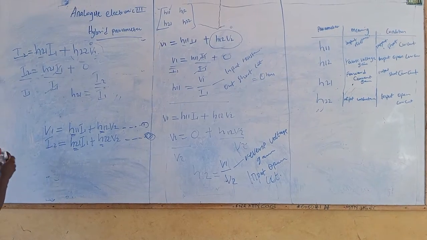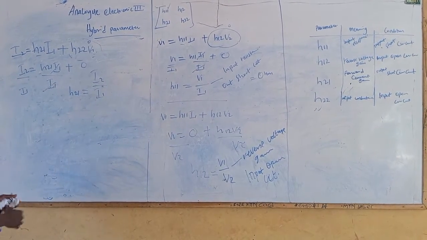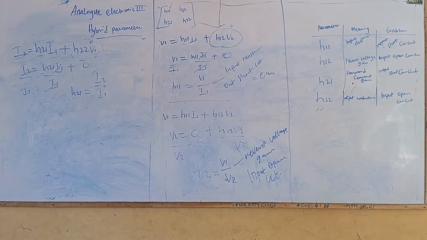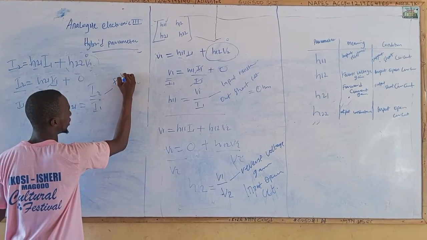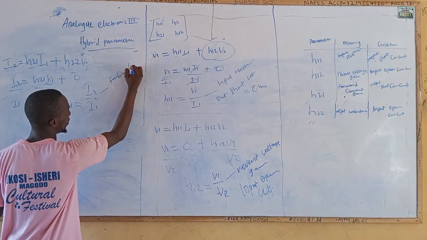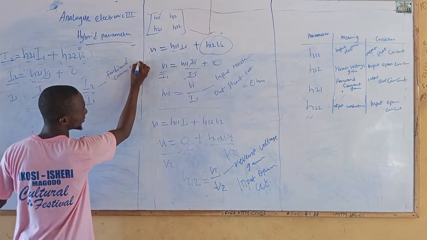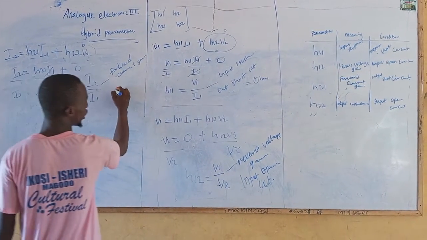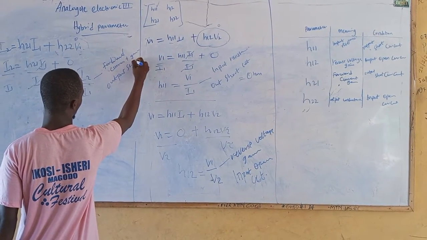So when you turn H21 to the subject of formula, this is what we have here. In our H21, we have forward current gain, with output short circuit.